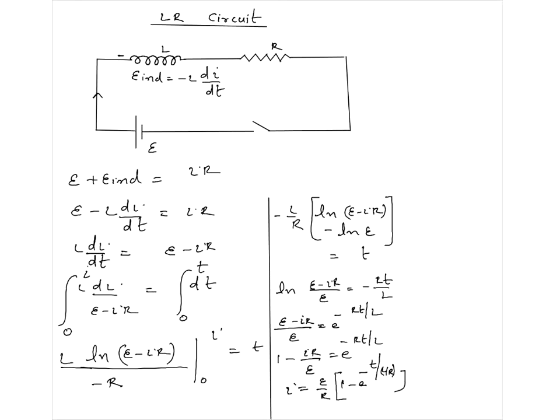Now, the inductor may not be an ideal inductor, so that's okay. In that case, whatever resistance it has can be clubbed with that capital R. Or it is even possible that there is no external resistance in the circuit at all, and whatever resistance is there is due to the inductor. In that case, we can visualize an ideal inductor in series with some resistance, which in reality is due to its own.